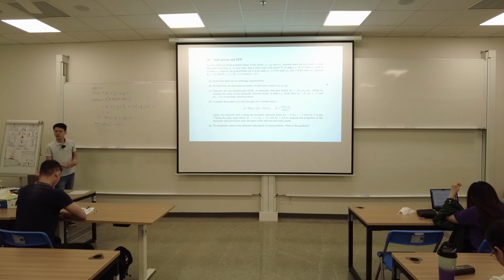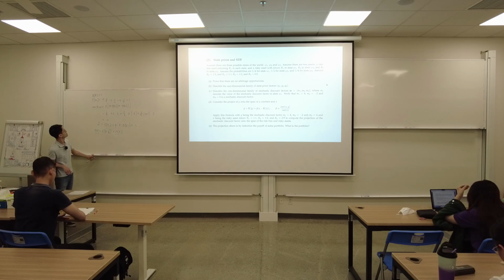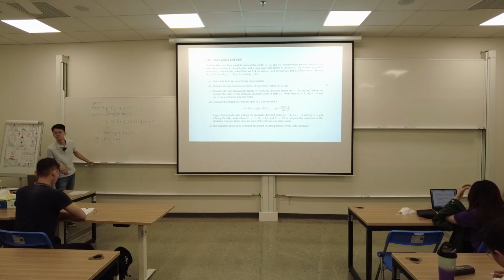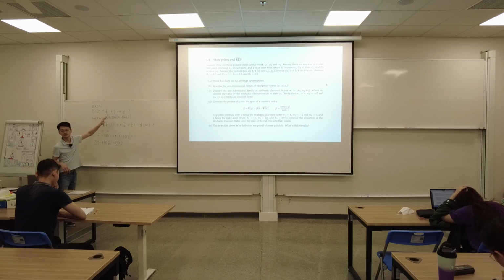Can I ask again about the line of the expected m, what is the formula for that? It's just the probability times the value, and the values we already gave.